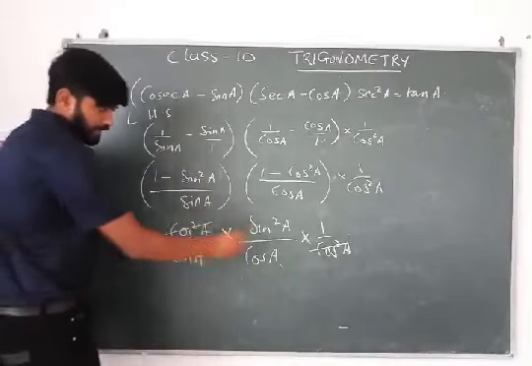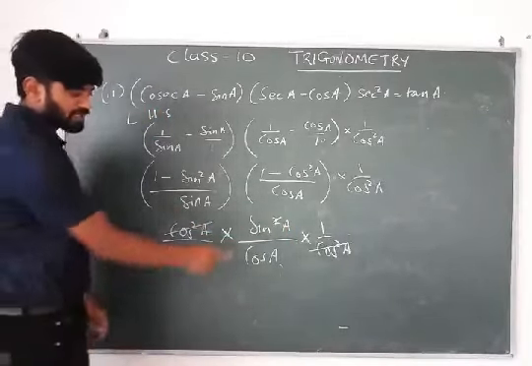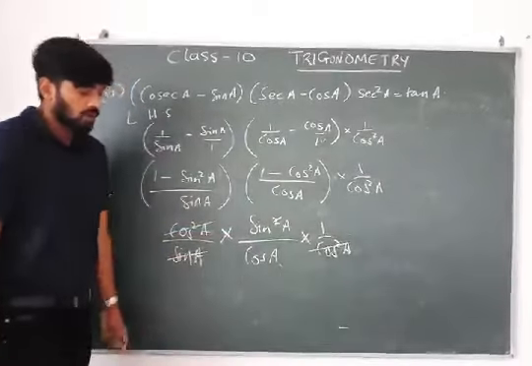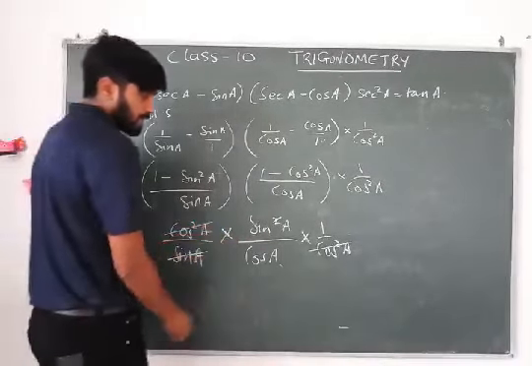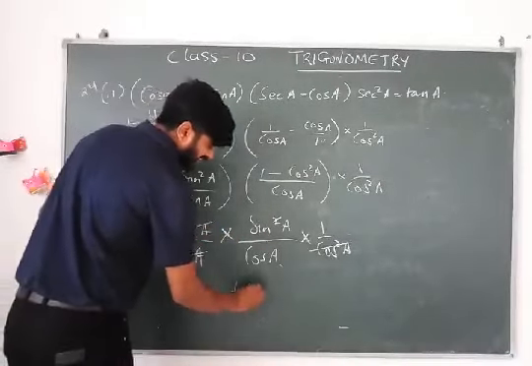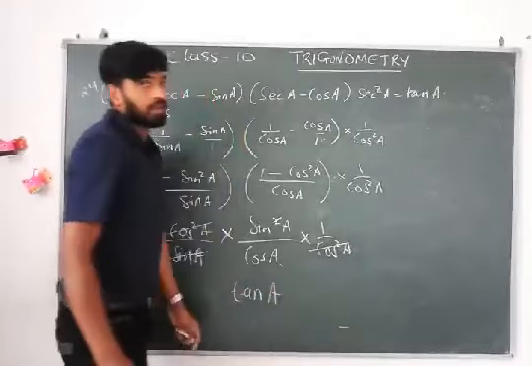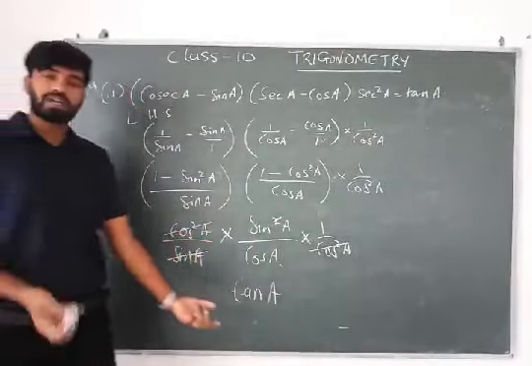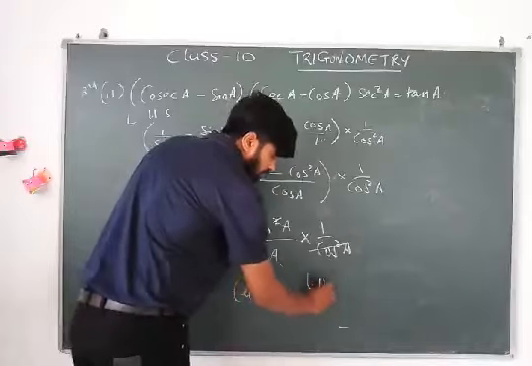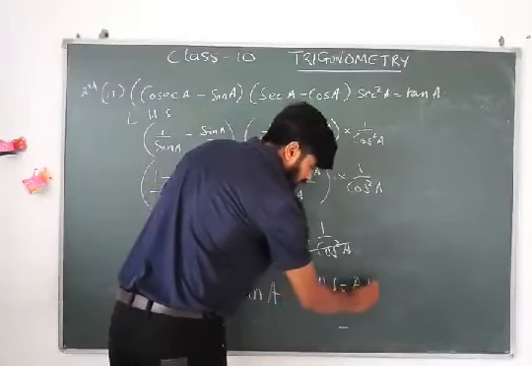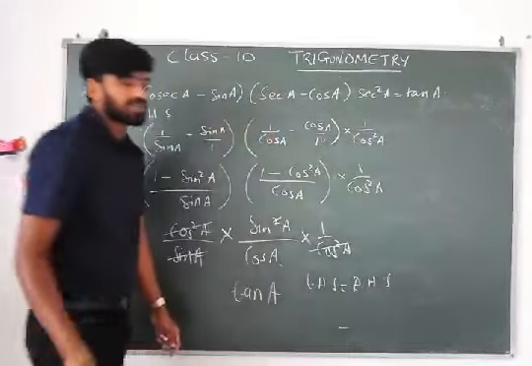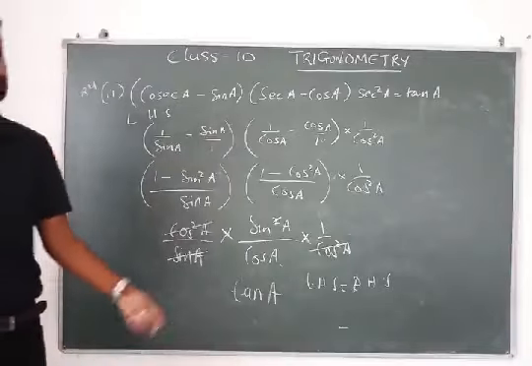Sin A and one sin A can be cancelled out. So what is left with me? Sin A upon cos A. And what do you call when there is sin A upon cos A? You write it as tan A. So left hand side is equals to right hand side. Yes, it is left hand side is equals to right hand side, hence proof.